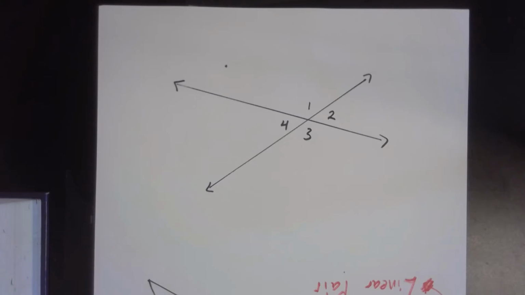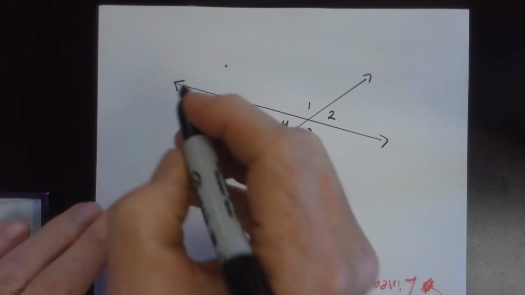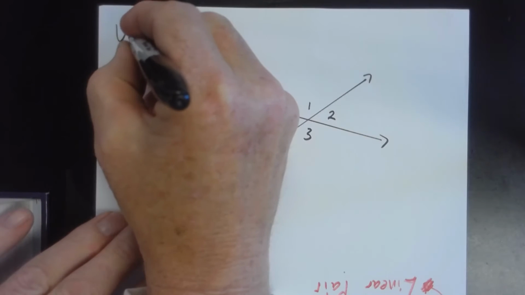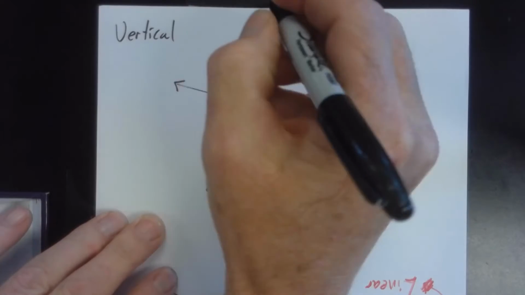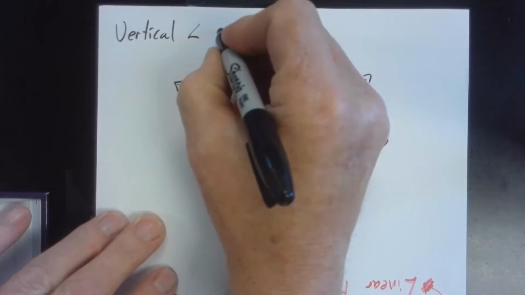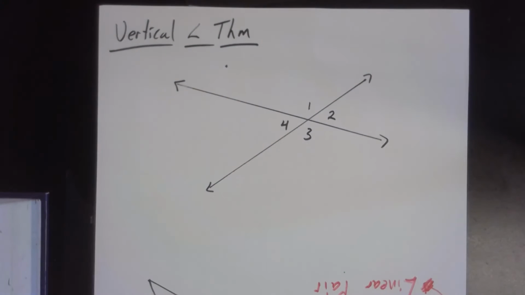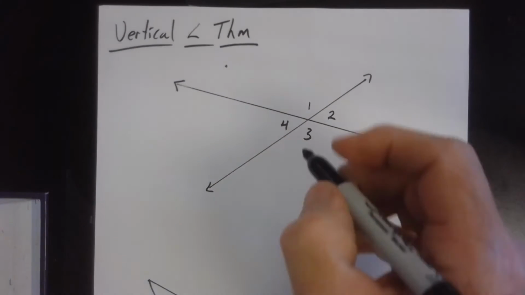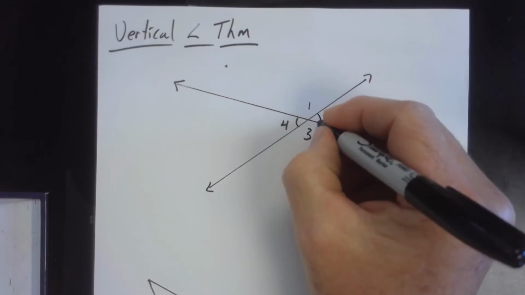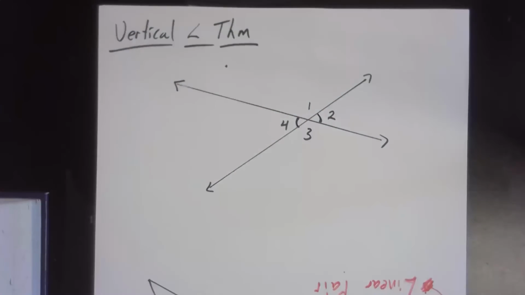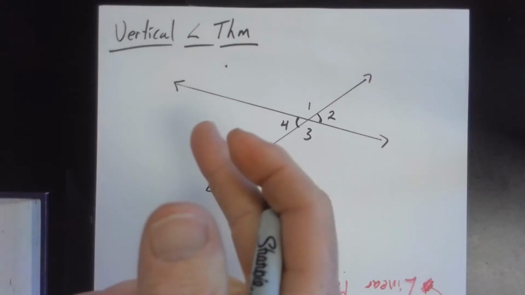So this is a theorem, and it's called the vertical angle theorem. These angles that are across from each other, when we have two intersecting lines, we call vertical angles. And you just told me that the vertical angles are congruent.